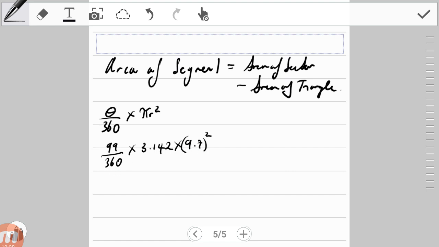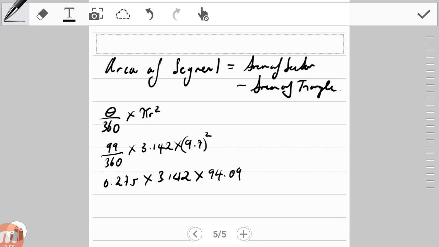Okay, so 99 divided by 360 gives us 0.275. We're going to multiply this then by 3.142 multiplied by 9.7 squared. We end up with 94.09.